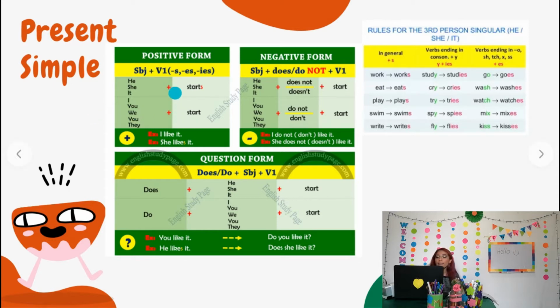So we have different ways to express and use the present simple. It is not only the positive form. We might use negative forms and questions. We can do questions using the present simple, like in Spanish. Remember that we always start our sentences with the subject, and the subject can be he, she, it, we, you, they, I, etc. And then we add the verb.